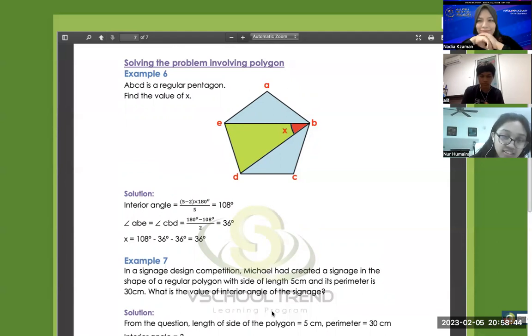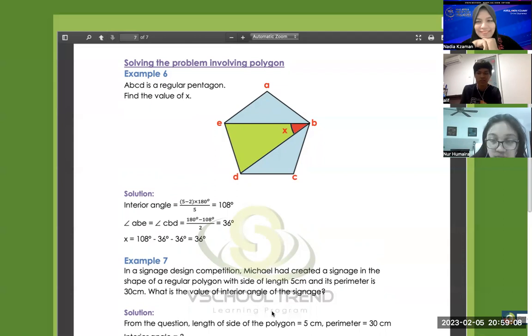Six. Alif? Perimeter. Alif, how many sides do you have in your polygon? Yeah, 6. Myra answered 6. How about Alif? Oh wait, I was muted.